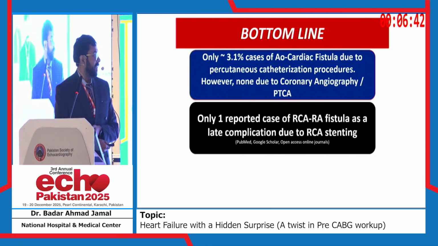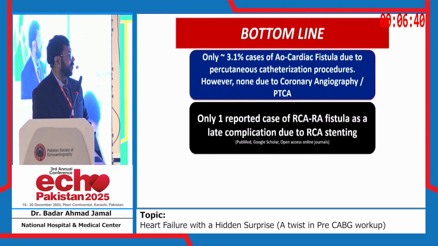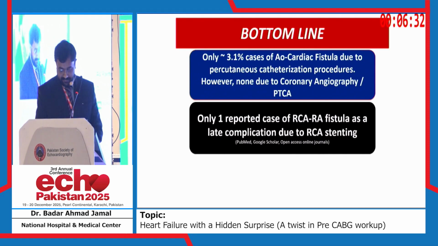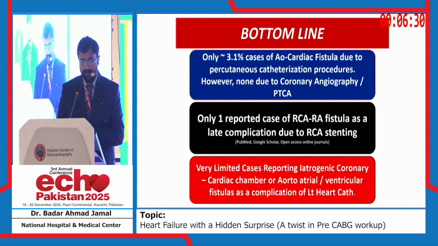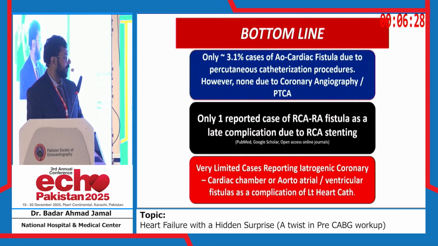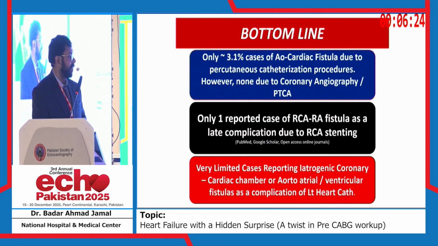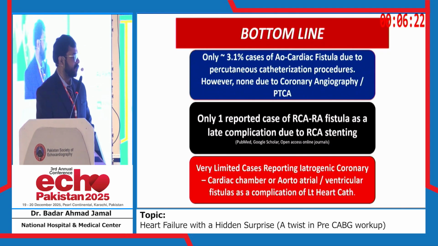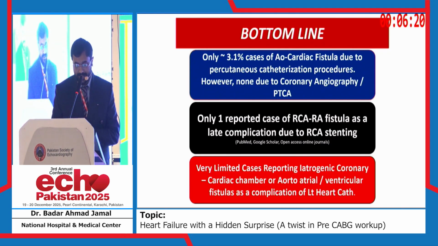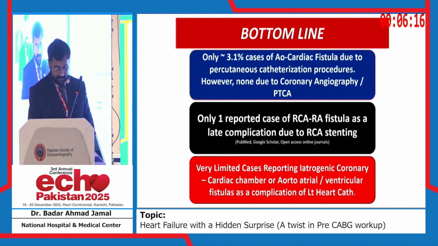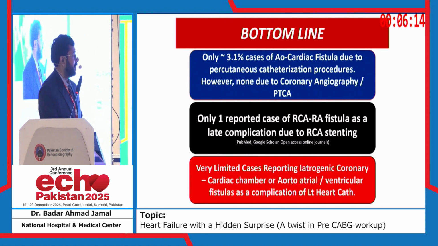Only one reported case of RCA to RA fistula to date as a late complication due to RCA stenting, as opposed to the early or immediate complication that we narrated in our case. And there are a very limited number of cases which report iatrogenic coronary to cardiac chamber, atrial or ventricular fistula as a complication of right heart catheterization.